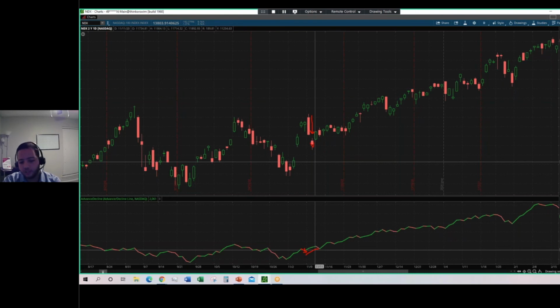But we saw that the breadth line did not drop in correlation with the index. What does that tell us? Well, that tells us that the drop wasn't completely sustained. There wasn't momentum on that drop. It might have been just a few players offloading some stocks, but it wasn't the systemic selling pressure that we've seen on other occasions.